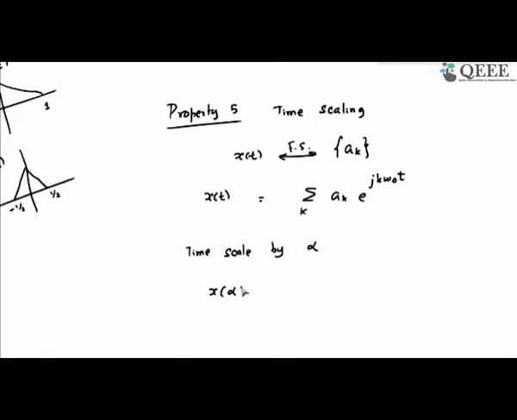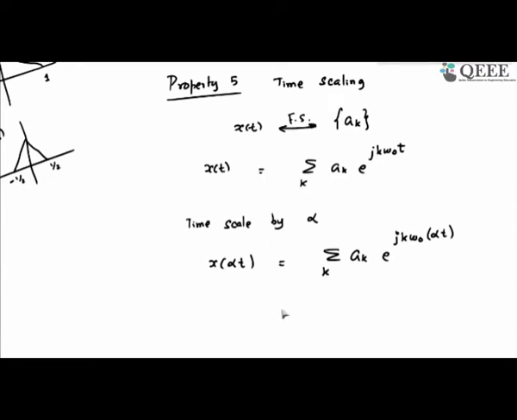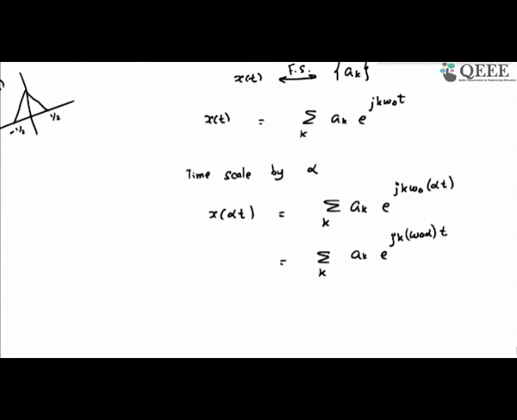So x of alpha t is nothing but sigma k ak e power j k omega naught times alpha t. So this is again I can write it as ak e power j k omega naught alpha t. So the Fourier series coefficients are the same.